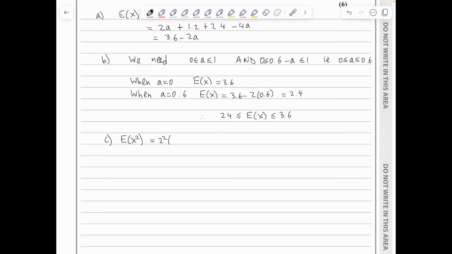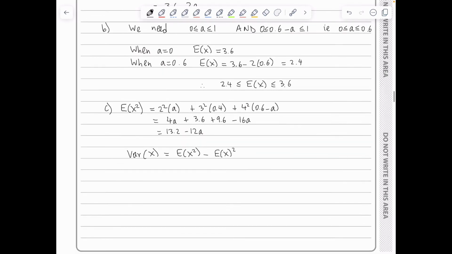So it's going to be 2 squared times A plus 3 squared times 0.4 plus 4 squared times 0.6 minus A, which leads to 4A plus 3.6 plus 9.6 minus 16A, which simplifies to 13.2 minus 12A. Well, we know that the variance of any random variable is given by the expectation of x squared minus the square of the expectation.